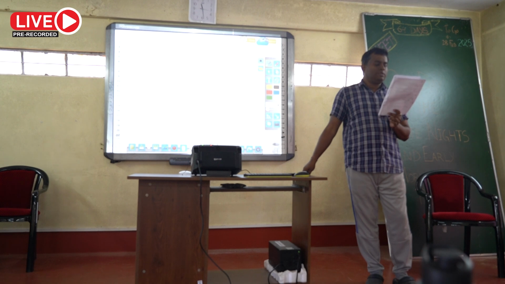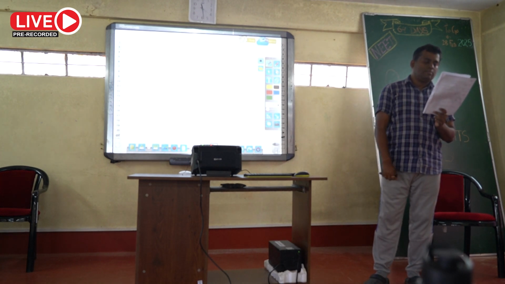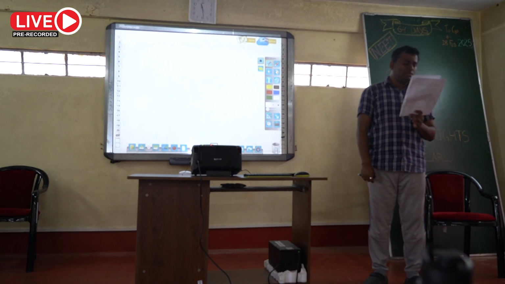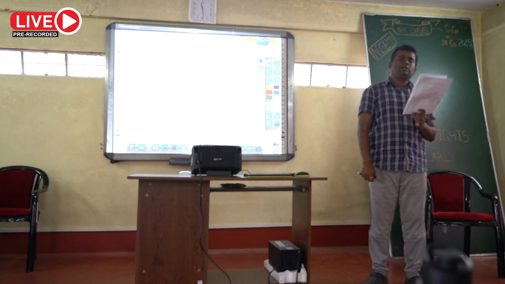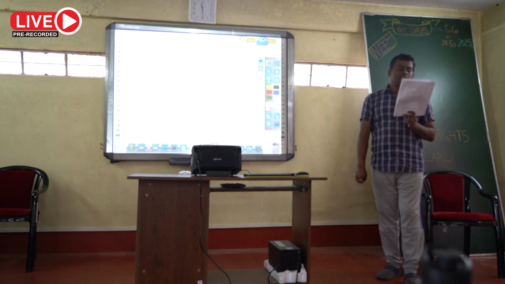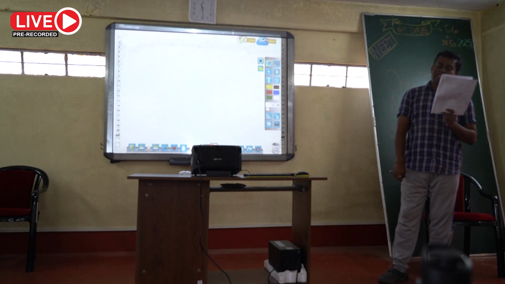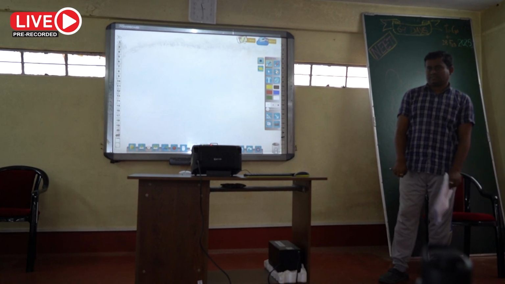The coefficient of linear expansion of the glass is given as alpha G per degree Celsius, and the cubical expansion of the mercury is given as gamma m per degree Celsius. The mercury just fills the bulb at 0 degree Celsius. What is the length of the mercury column in the capillary at T degree Celsius?